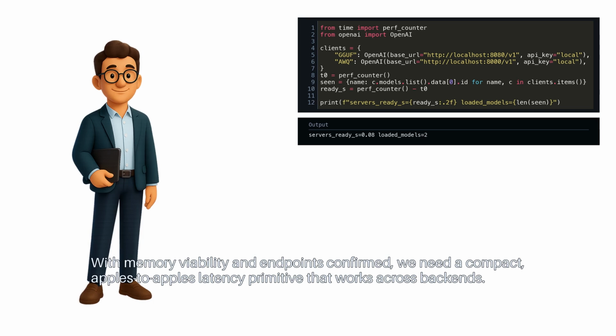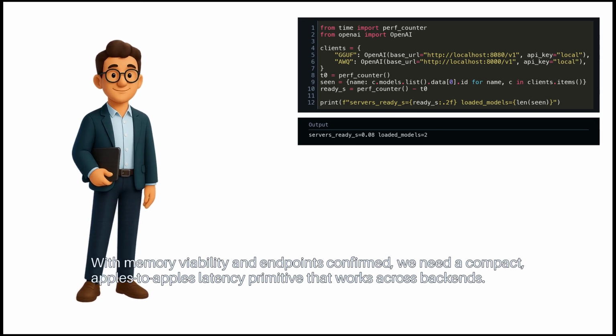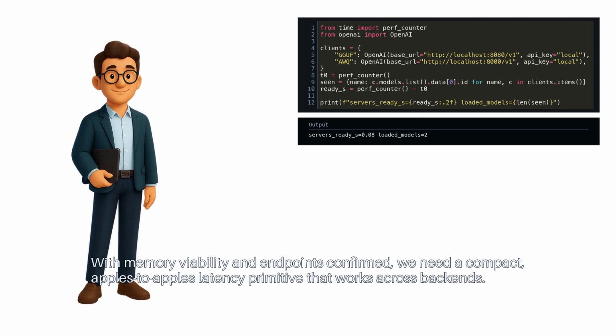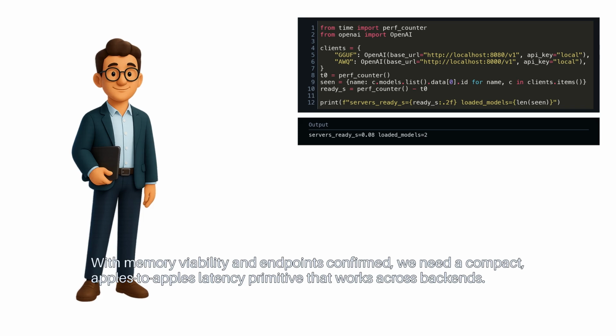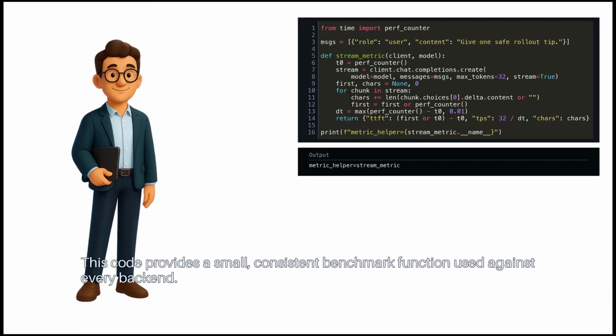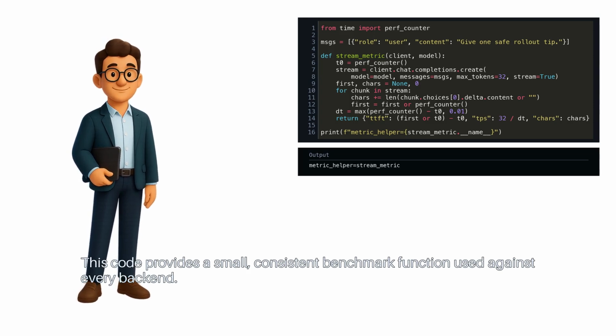With memory viability and endpoints confirmed, we need a compact, apples-to-apples latency primitive that works across backends. That keeps the comparison fair. This code provides a small, consistent benchmark function used against every backend.